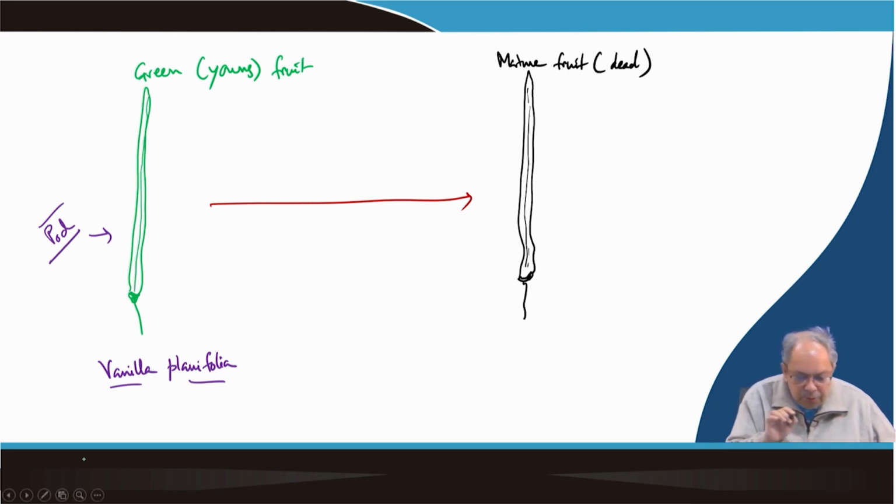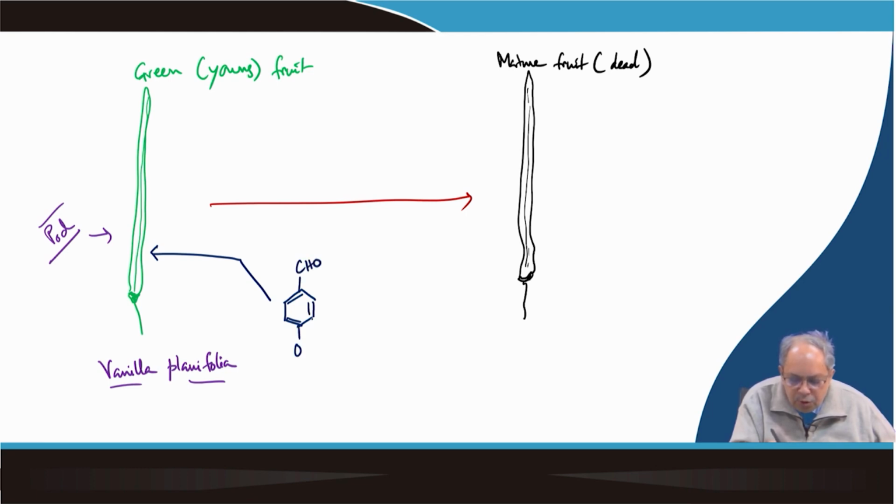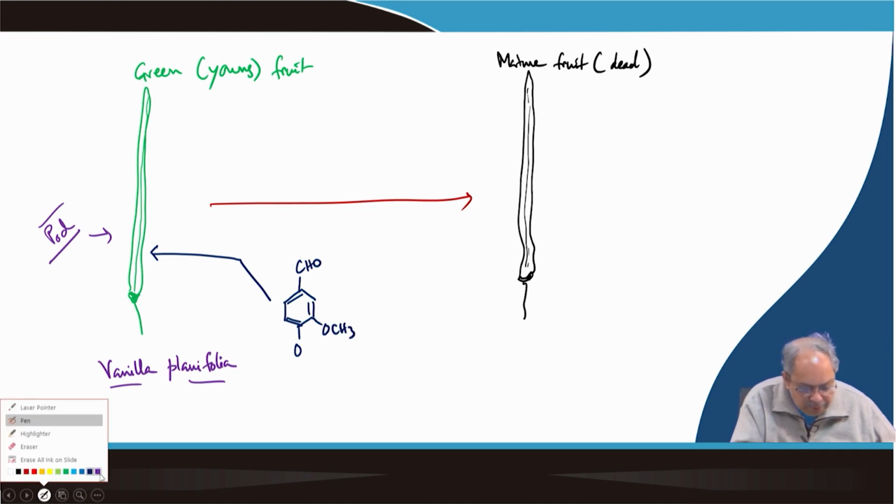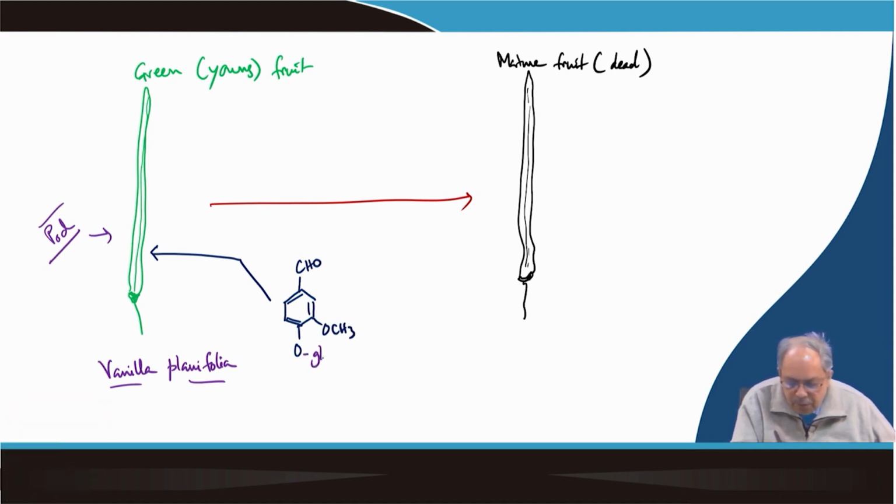Vanillin is there in both the cases. Now if you take this tissue and make an extract and analyze, you will find vanillin not in the free form, but as a glucose conjugate. Okay.